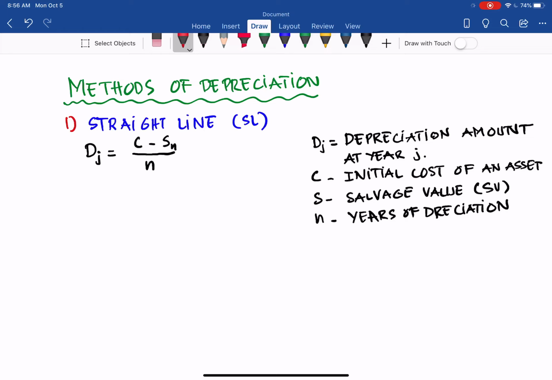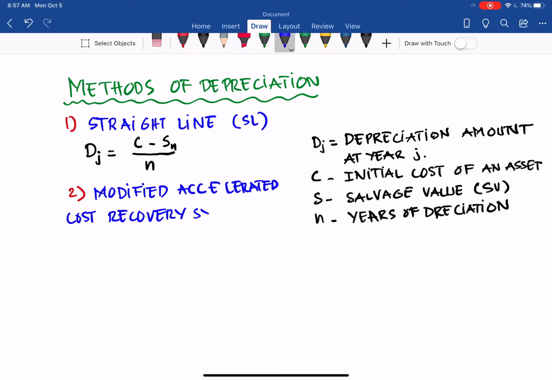The next method we use is the modified accelerated cost recovery system, and we call it MACRS.